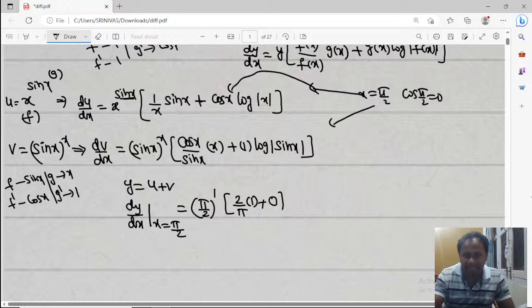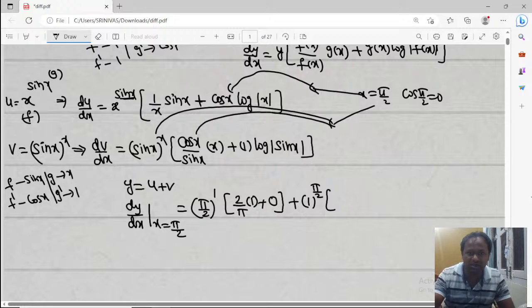Next, plus sin x power x. Sin x is sin pi by 2, which is 1. Substitute here: 1 power whatever it may be is 1. Next, into cos x; cos pi by 2 is 0, plus log mod sin pi by 2, whose value is also 0.